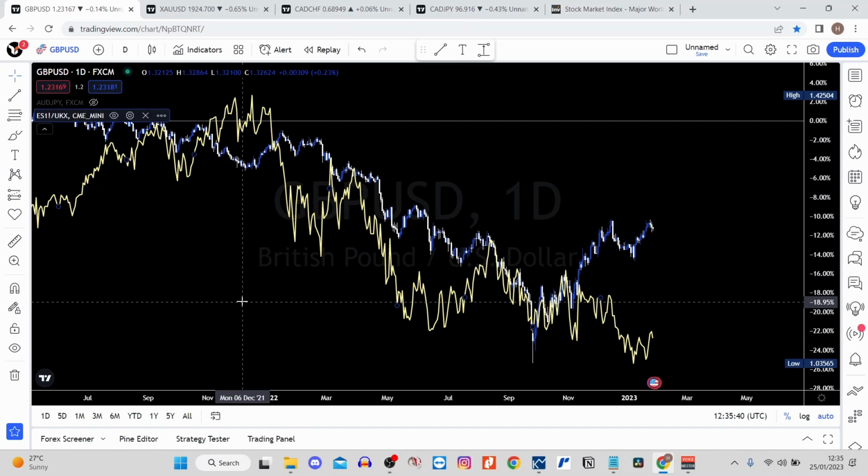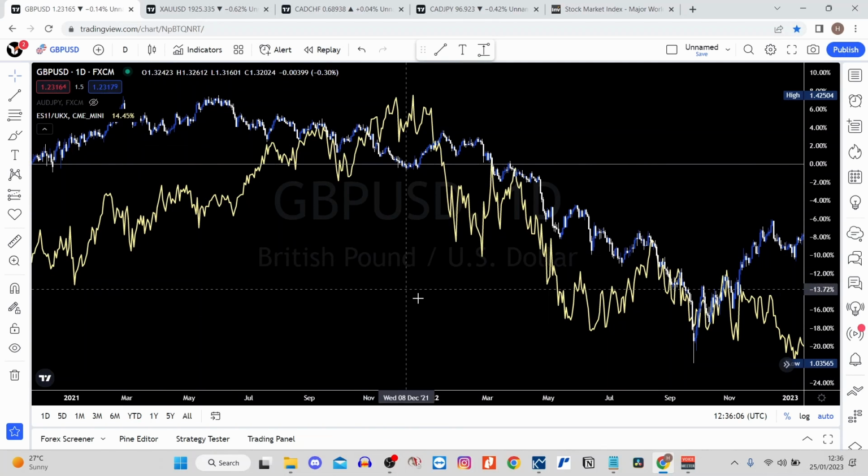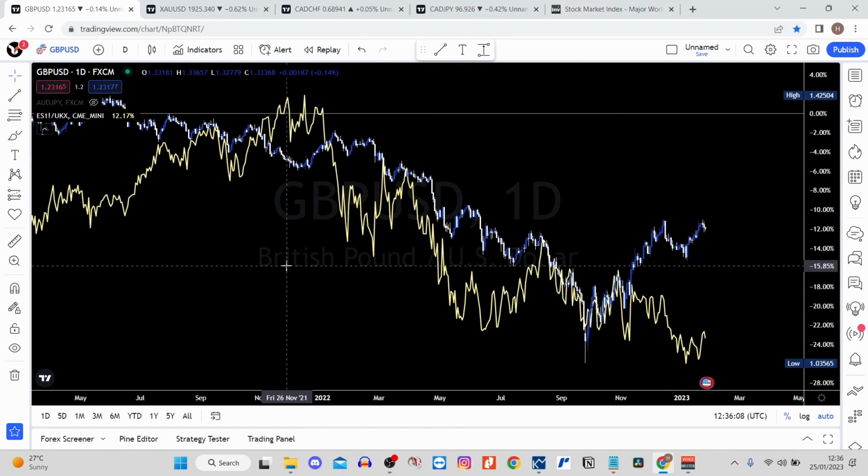If we backtrack a little, the theme that played out last year was high US interest rates. That's why we saw the movement out of equities and into the US dollar. What we're looking at right now is equities being compared to currencies.